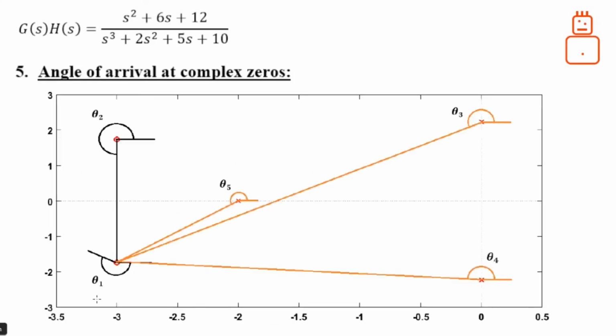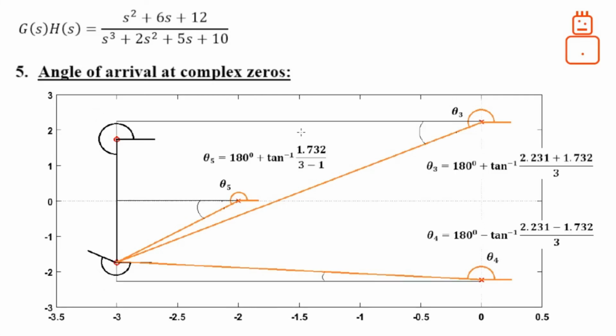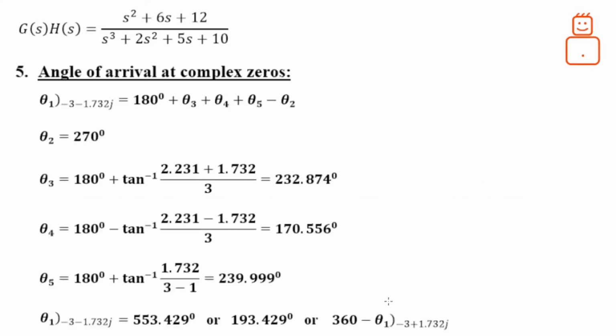Once again, you can do the computation for θ1 from the other zero as well, with this formula given and those geometries here, which is an extra step because we have a simple formula. You can use the previous value of θ1, subtract it from 360, and you're going to get the same value here. This is the easiest way to find the angle of departure and arrival from complex roots.